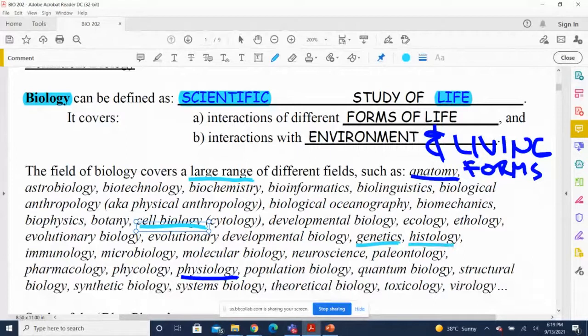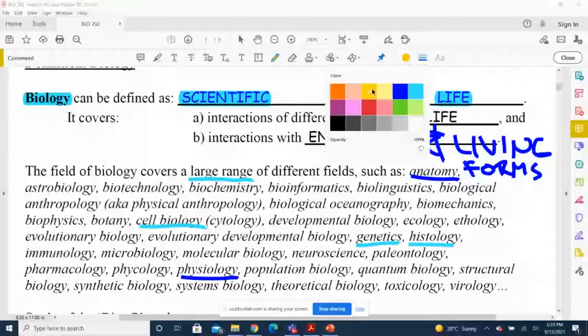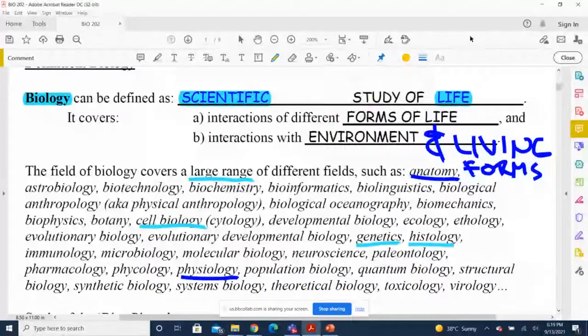BIO182, which is the second course in this series that some of you might have been thinking of taking, might be needing to take, or might choose to take, really takes us on a journey of evaluating different domains of life and different forms of life.